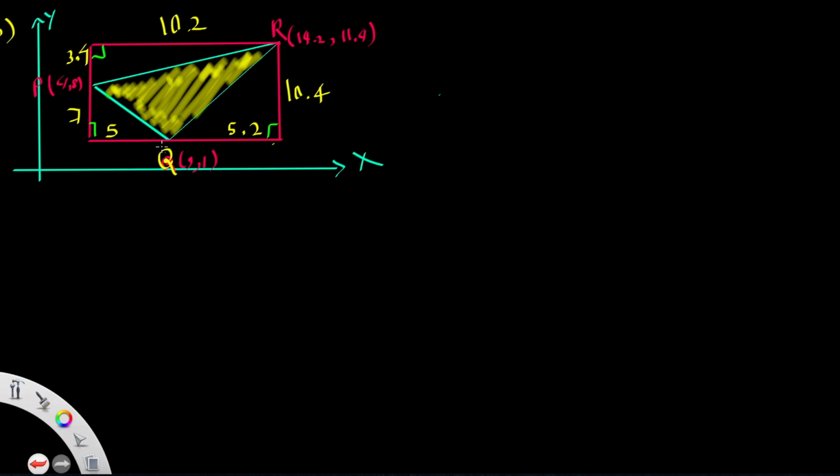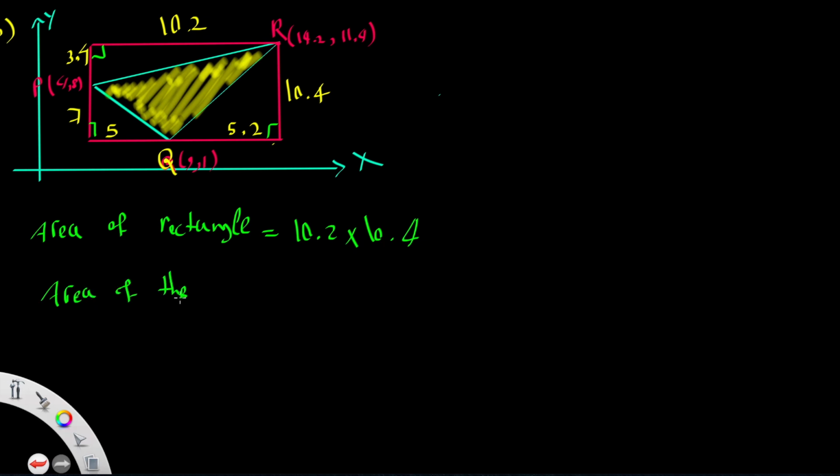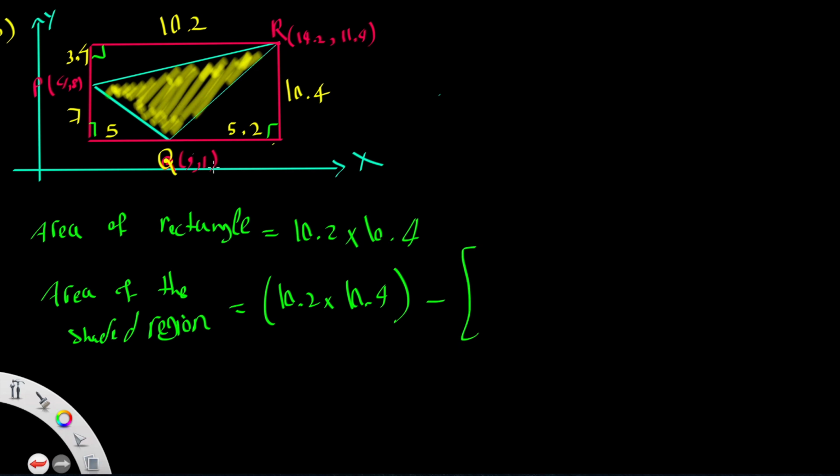So first I find the area of the rectangle, which will be equal to length, which is 10.2, times 10.4. Then the area of the shaded region will be equal to 10.2 times 10.4, which is the area of the rectangle, minus these three small triangles.